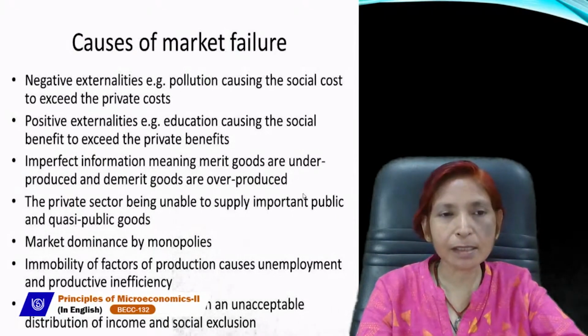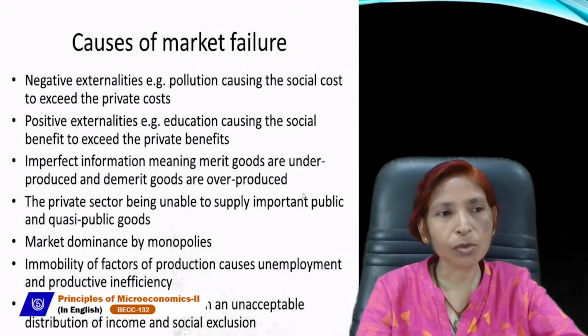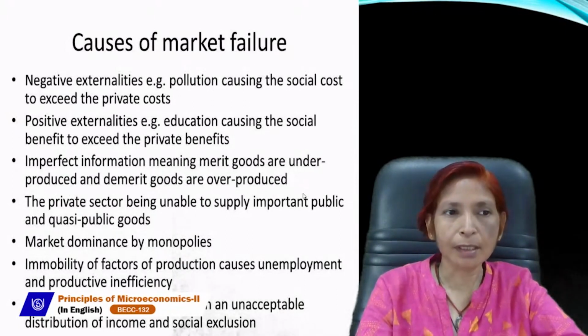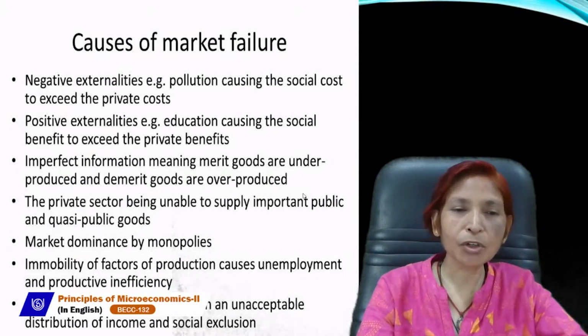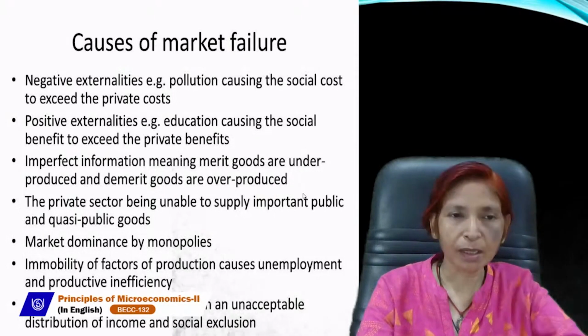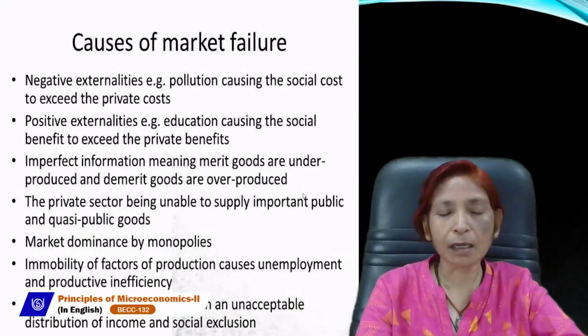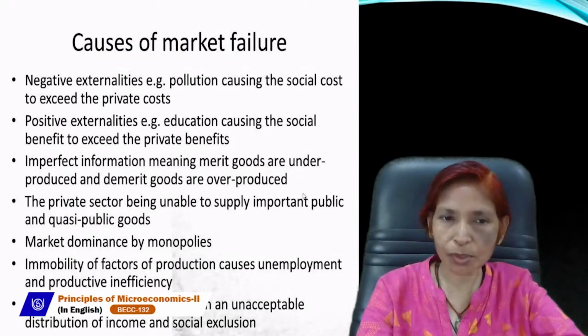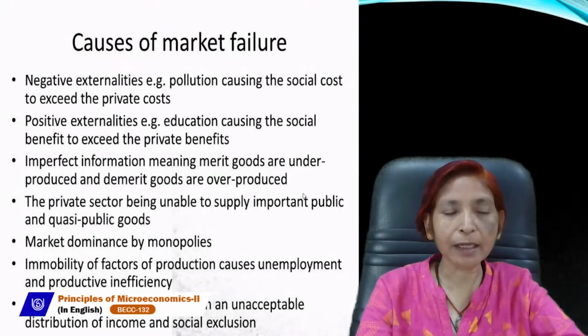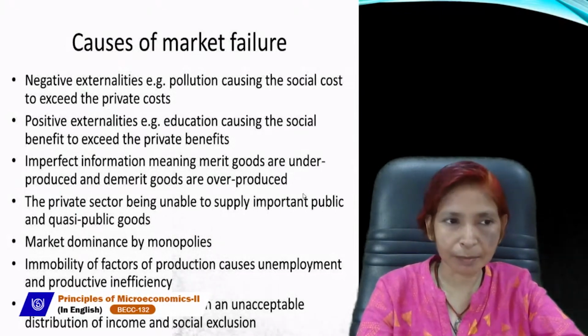Negative externalities, for example, pollution, cause the social cost to exceed the private cost. As we are seeing, pollution is increasing day by day due to increasing industrialization and over or excessive exploitation of resources. So this negative externality is the main cause of market failure.